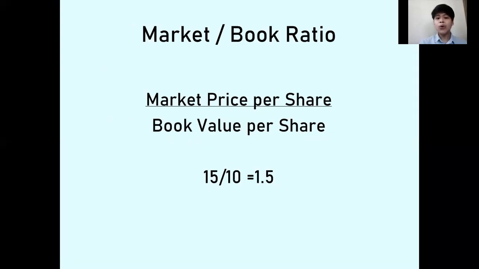Okay, and then now we have market to book ratio. Market price per share divided by book value per share. So market price per share of 15 pesos divided by book value per share of 10 pesos. So the ratio is 1.5.